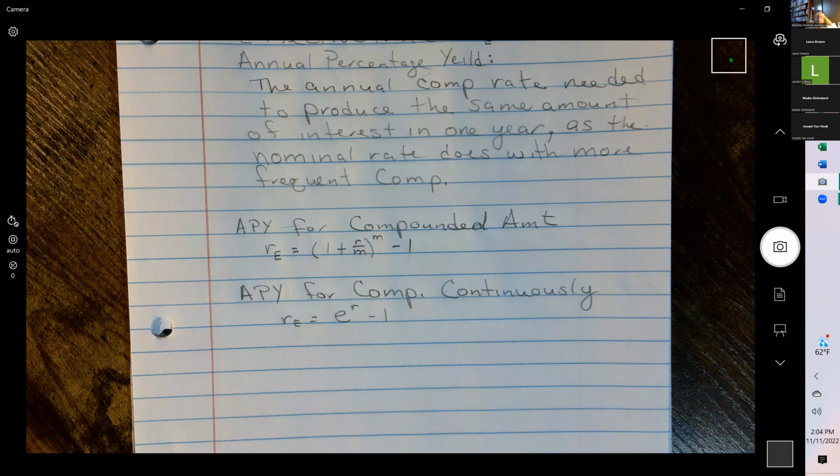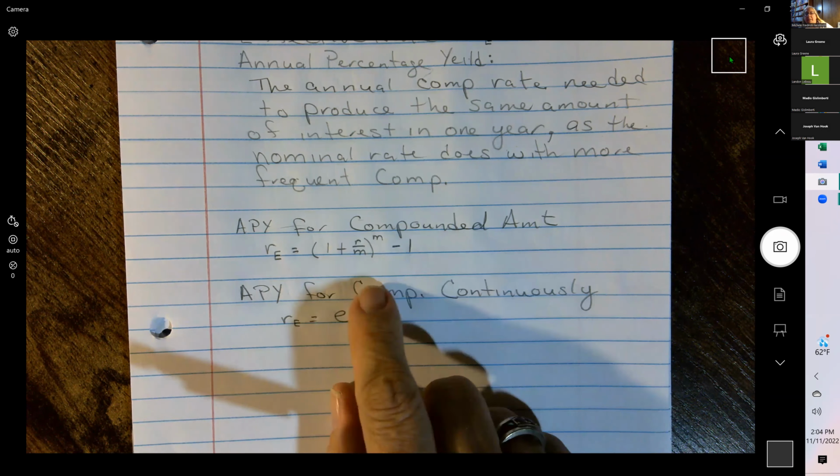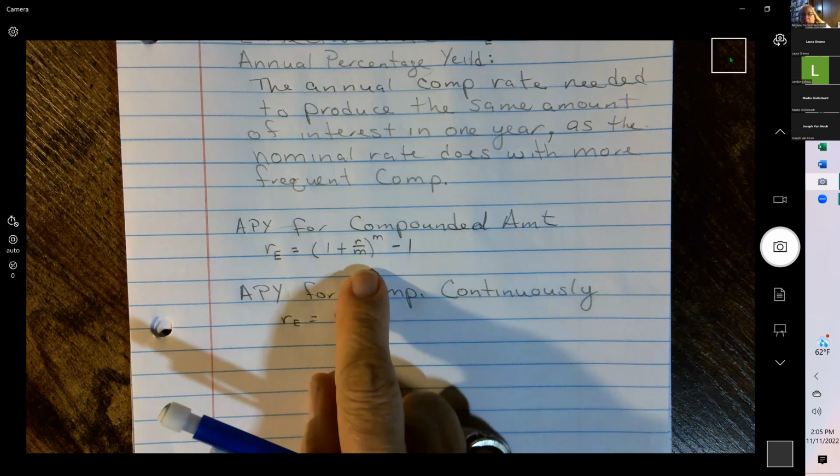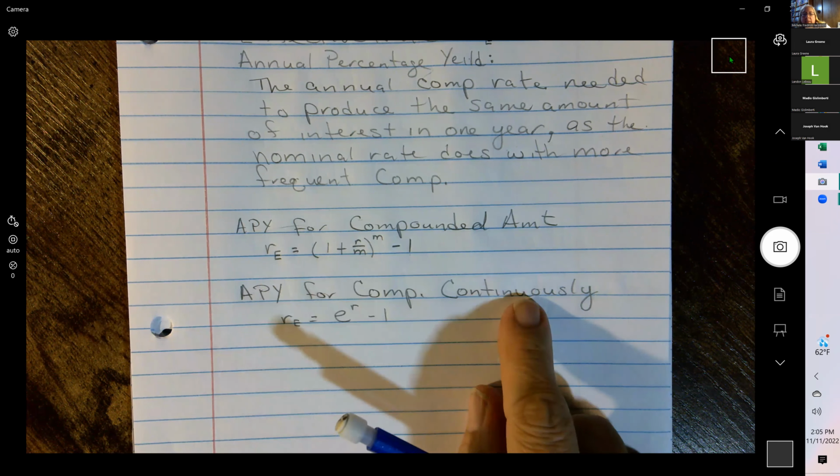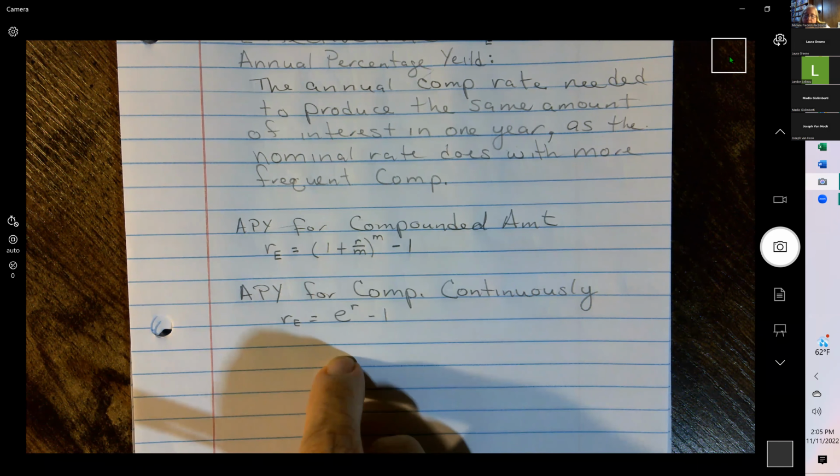So that's our two formulas. Compounded monthly, daily, annually, quarterly, you would use this one. Compounded continuously, use this one.